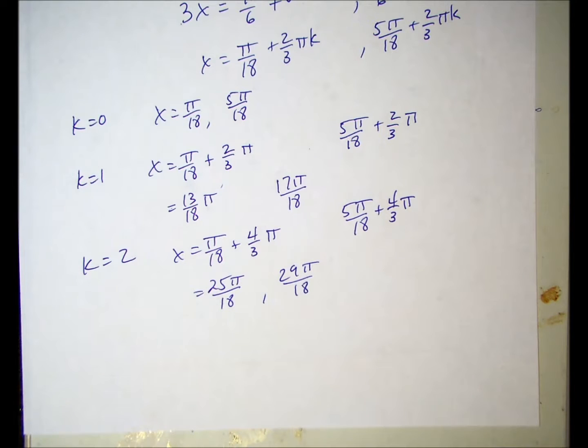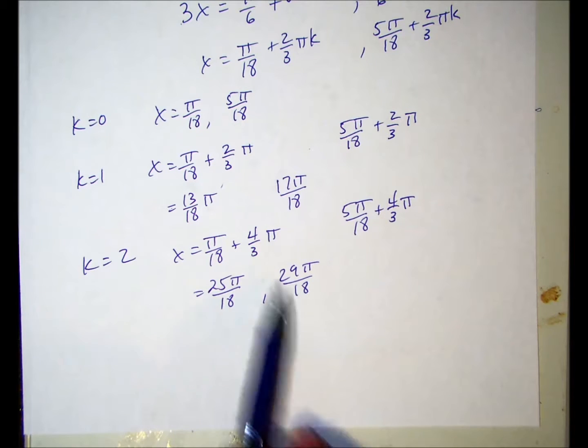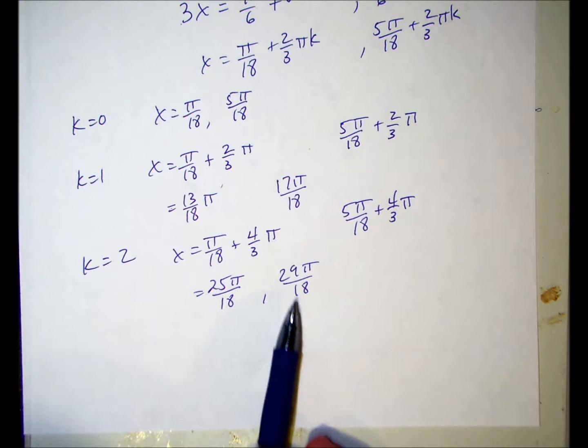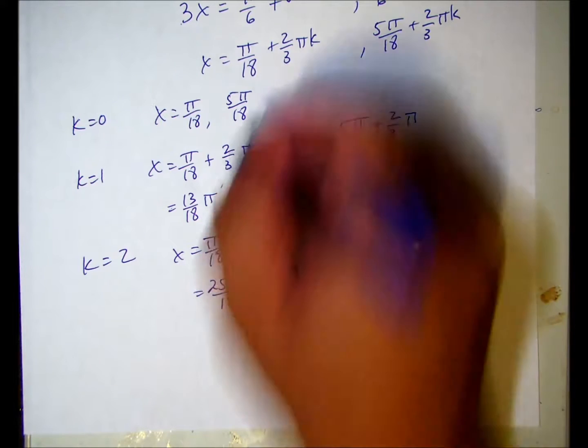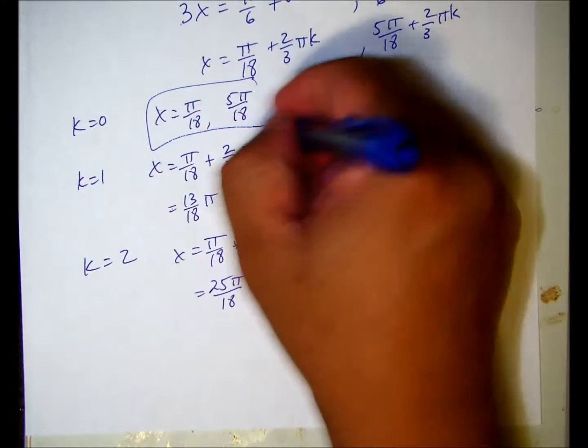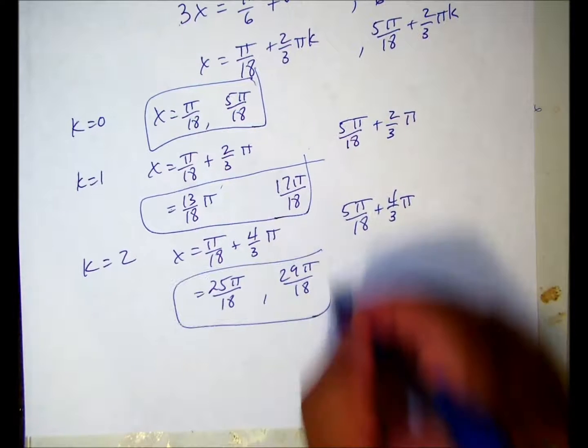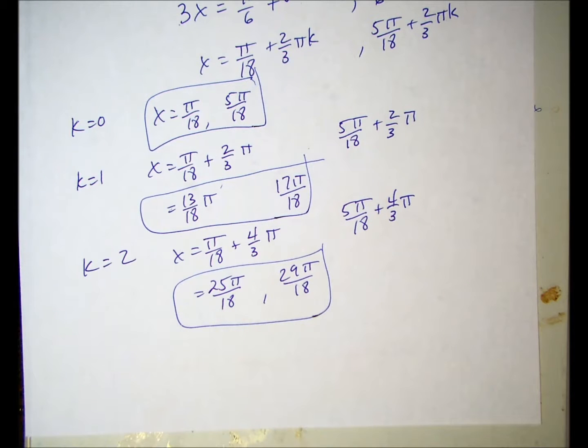Let's make sure we're still in the range. The domain we're looking at is 0 to 2 pi. And with a denominator of 18, 2 pi will be 36 pi over 18. So yeah, we're still in the range. And those are our 6 answers. We actually have 6 answers to this question. And that's those. Okay. And that's enough.